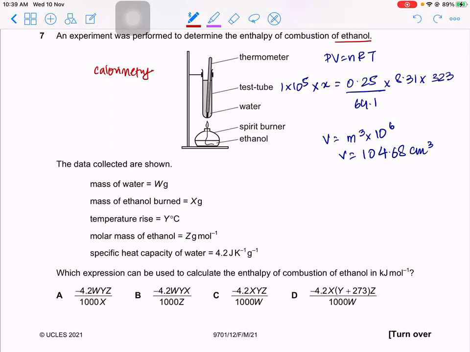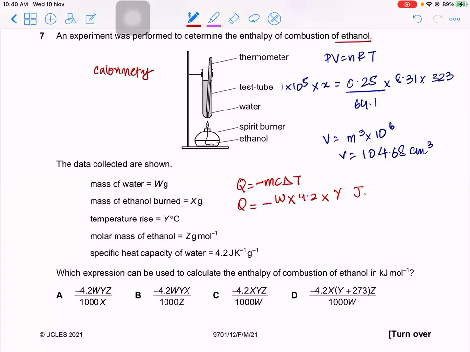Now if you remember, what we did was, the first step was to find the total heat that was absorbed by water. That was Q is equal to minus mc delta T. And you get the value as minus, what is the mass of water? W. What is the specific heat capacity of water? 4.2. What is the temperature rise? Y. So that is your total energy, and this is in joules.